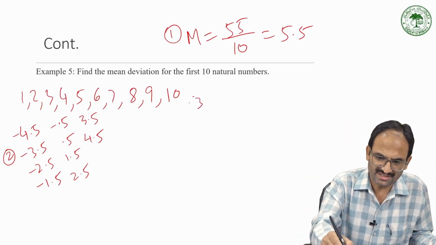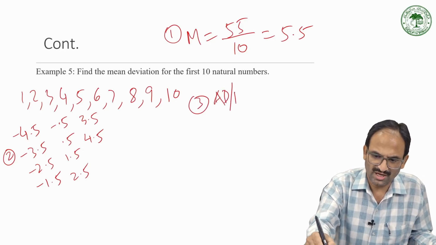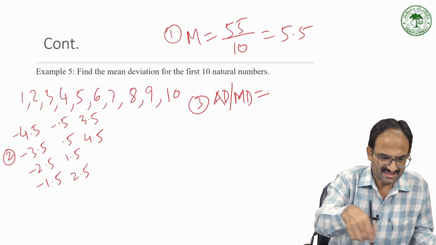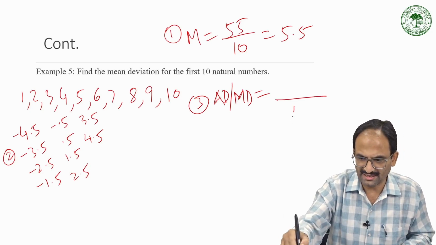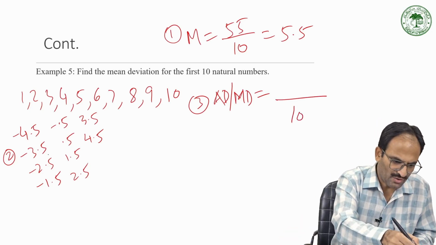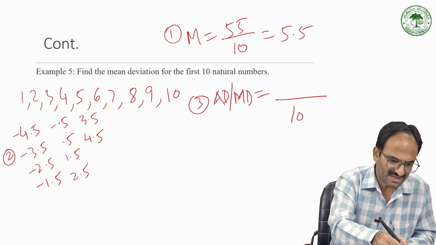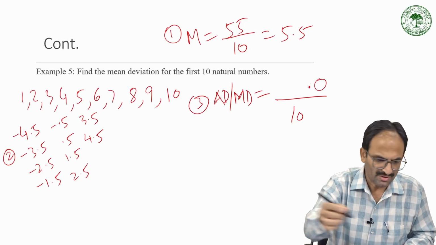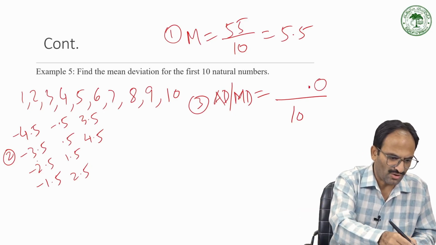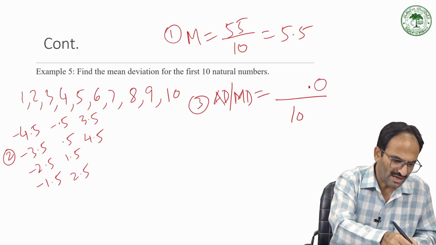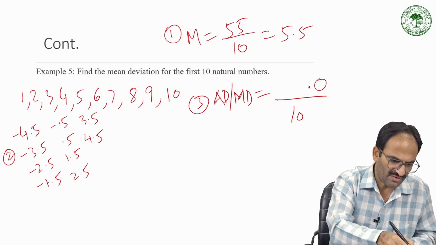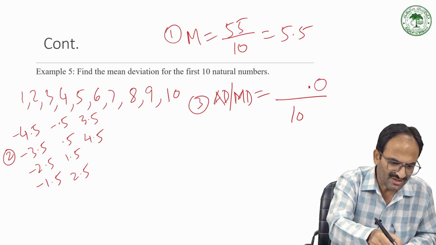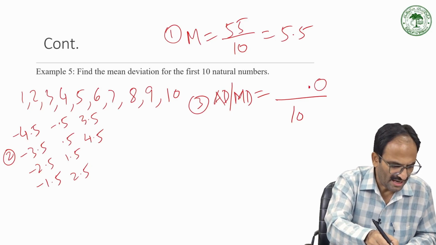Now in the third step, use the formula AD or MD is equal to the sum divided by 10. So find the sum of the absolute deviations: 4.5, 3.5, 2.5, 1.5, 0.5 and so on.